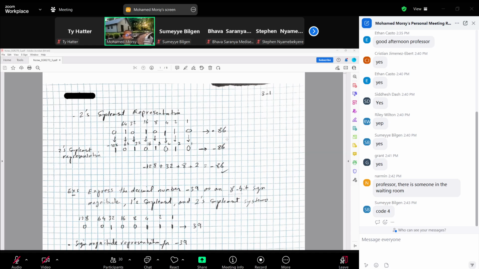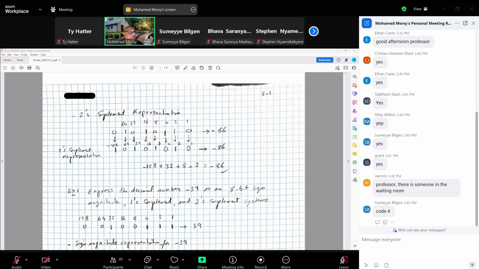So say we need to get the binary equivalent for 86, for example. So 86 as a positive number is represented by 0, 1, 0, 1, 0, 1, 1, 0, and the last bit here is 0 to represent the positive number here, right?